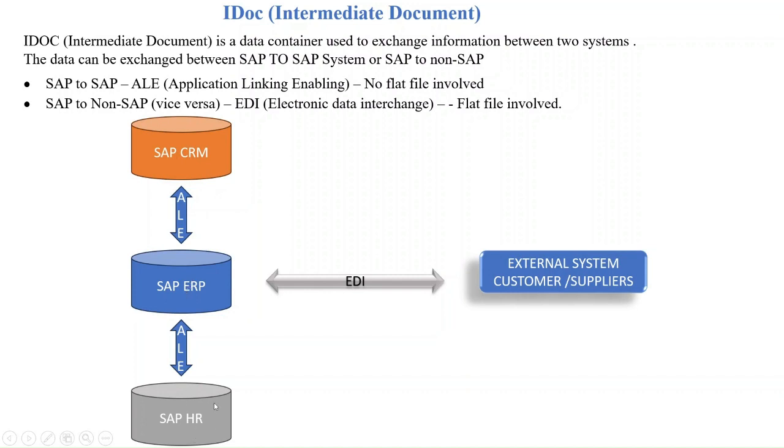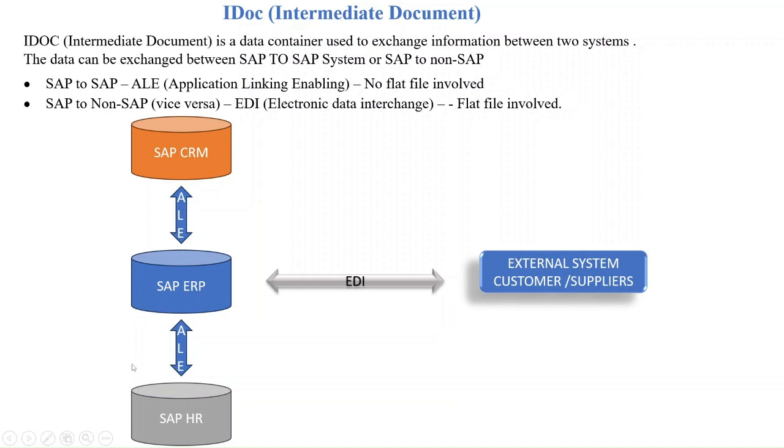Here HR data gets managed in the SAP HR system, and ECC data like finance, SD related data will get updated in the ECC system. So one system has HR data, and another system is SAP ECC.